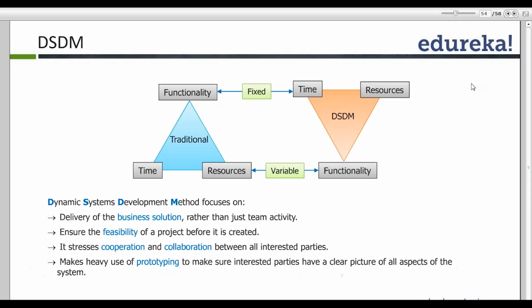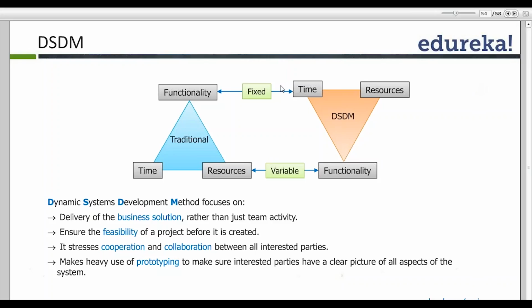DSDM stands for Dynamic System Development Method, and it focuses on the business solution rather than just the team activity. Again, it's not that popular a model, and it talks about close collaboration between various stakeholders. And in DSDM, the iron triangle is also reversed. In a traditional model, scope is fixed and time and resources are variable.